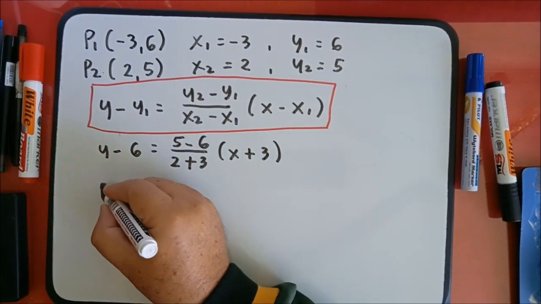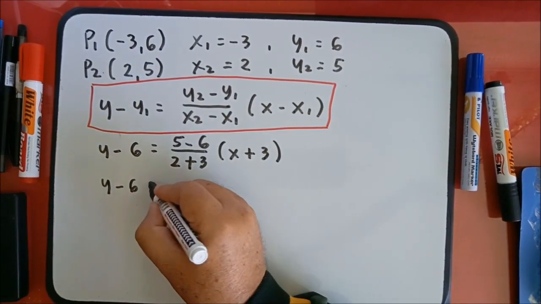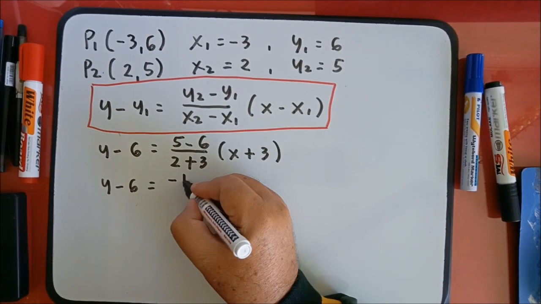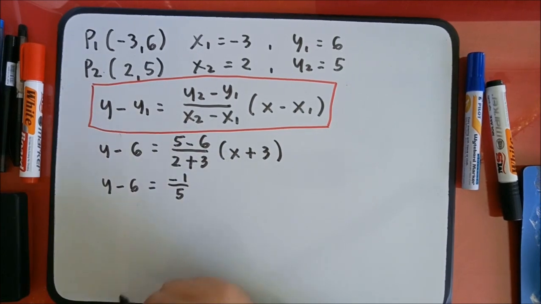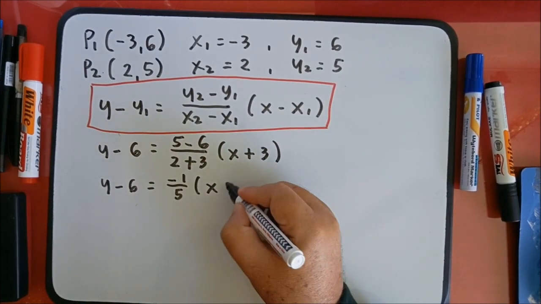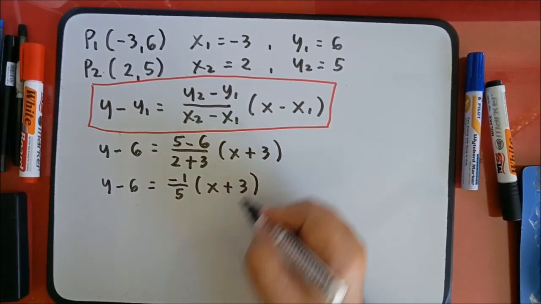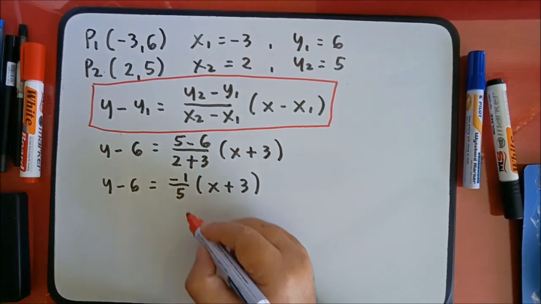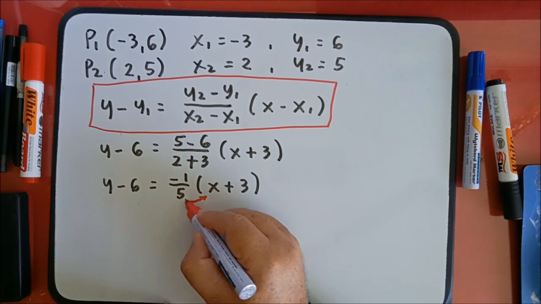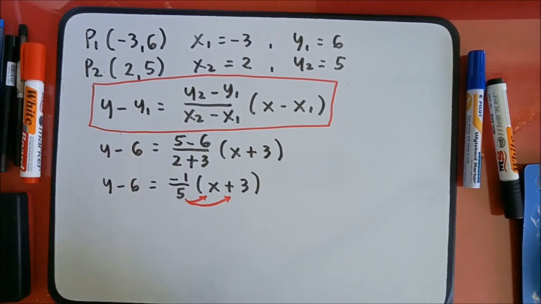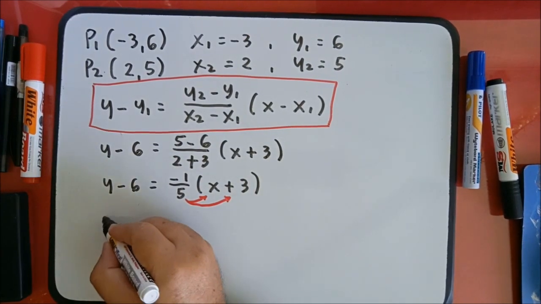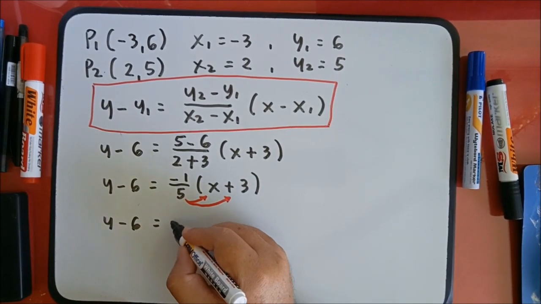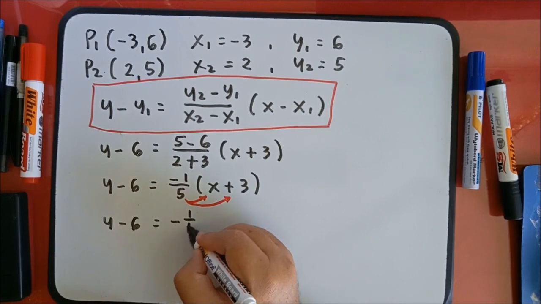Now, simplify. Y minus 6 is equals to 5 minus 6 is negative 1 over 5 times x plus 3. Okay, now distribute. Okay, y minus 6 will become negative 1/5 x.